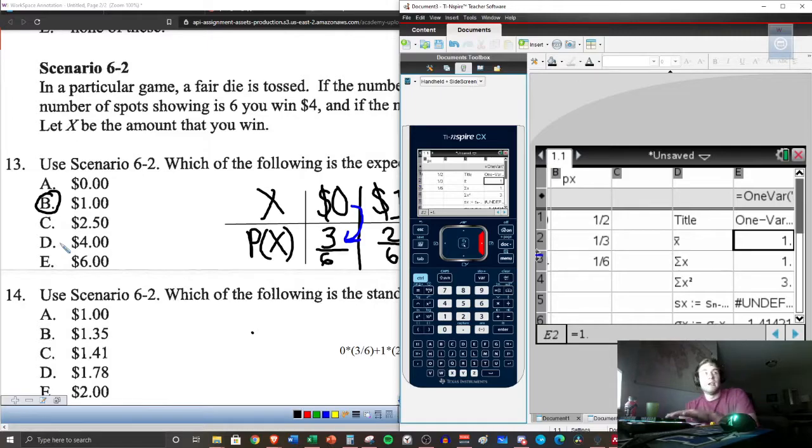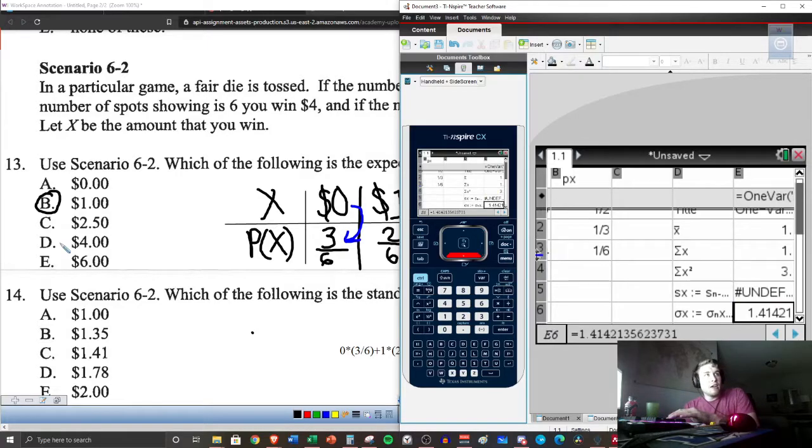All right, so let's go down, and you'll notice that S sub X here is undefined. That was usually what our standard deviation was when we were working these problems. But we are now going to be using sigma of X for these random variables, and it's only for these random variables that we're using this. So make sure that you remember that.